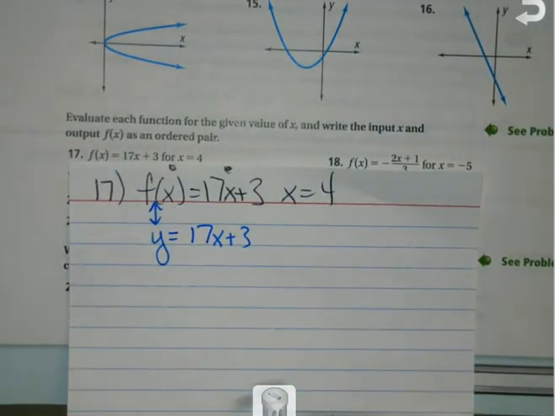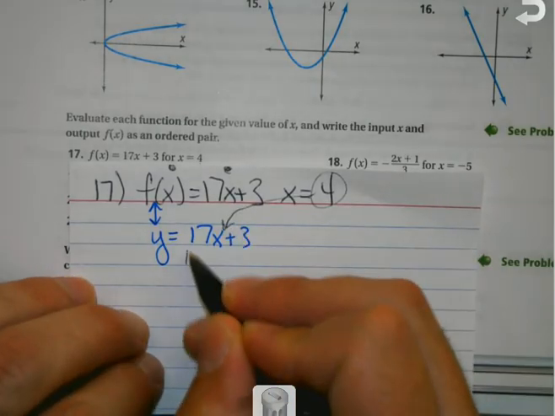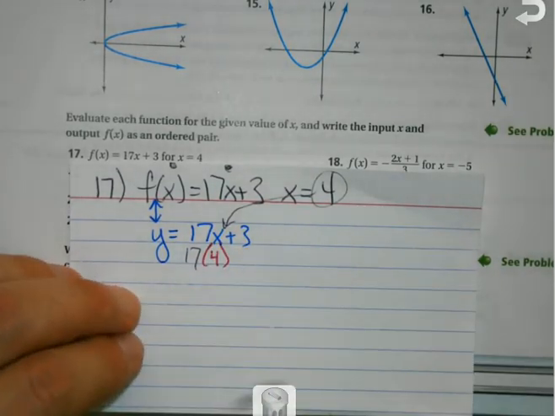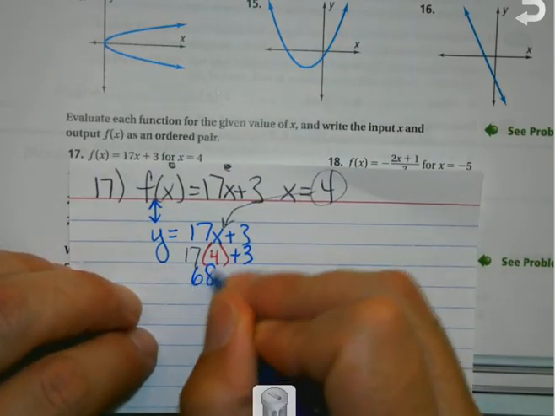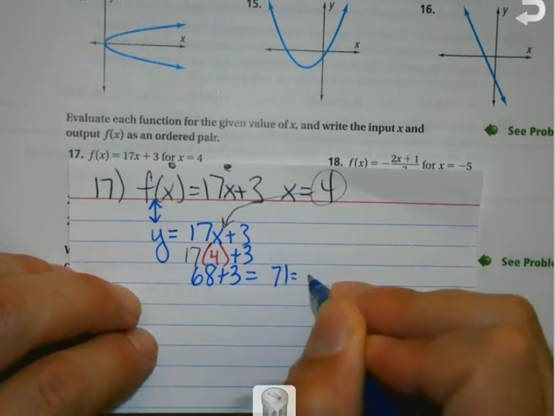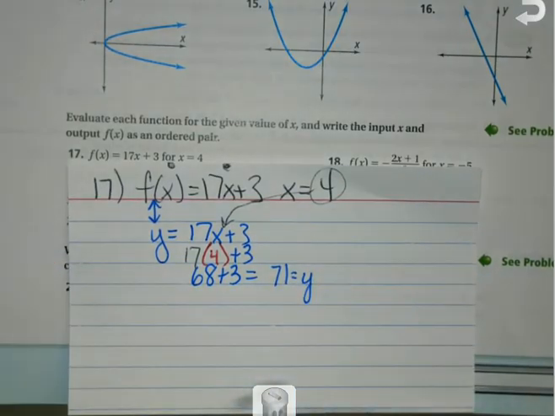So then it says, okay, evaluate it. In other words, plug the 4 in for the x and find the answer. I can handle that. So let's see, 68 plus 3 is 71. That's my y, or my f of x, but I'm not quite set.